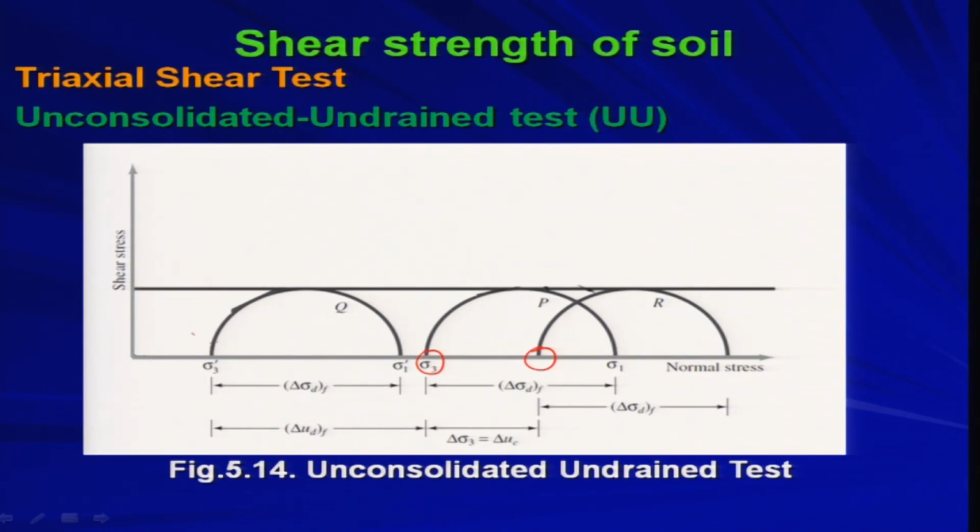The effective stress Mohr circle is this, and we will see that your effective stress Mohr circle will be unique, whereas your total stress Mohr circle could be anything. So if you perform n number of tests, you will get n number of total stress Mohr circles at failure, but you will get a unique effective stress Mohr circle for the UU test.